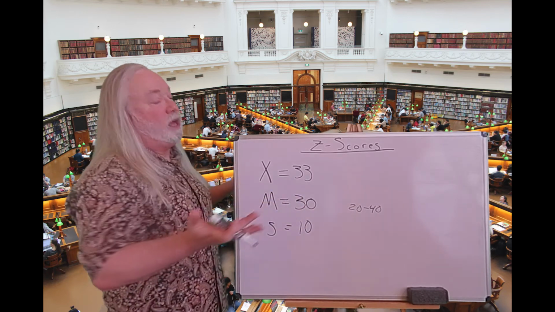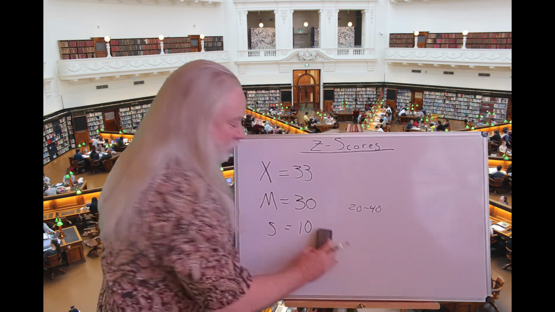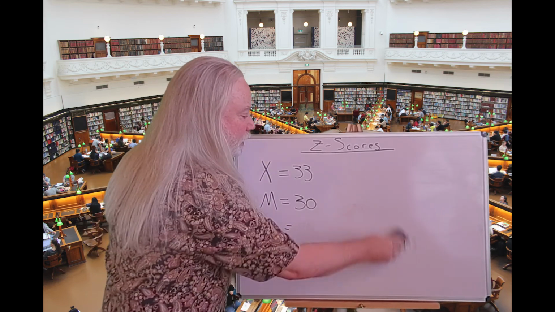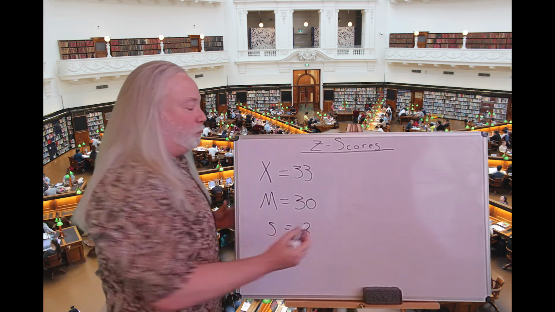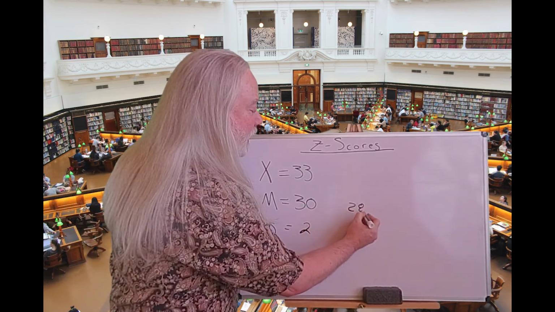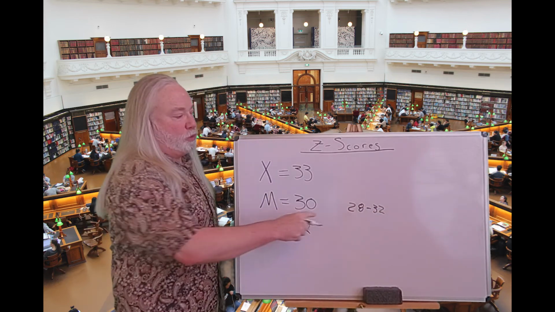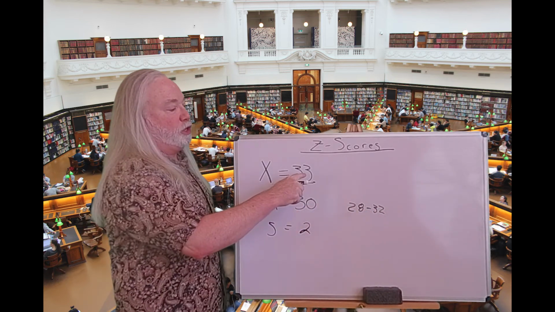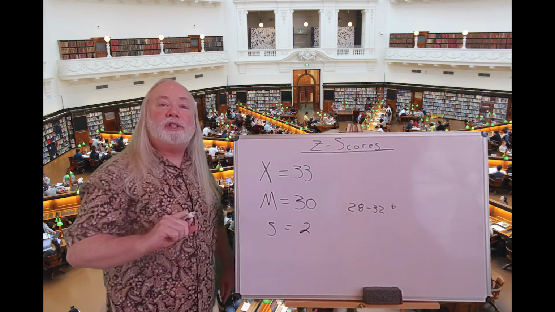So in this case, that's a pretty typical performance. But what if we change the standard deviation to be only 2 points? Well, now we know that 70% of the scores would be somewhere between 28 and 32, 30 down by 2, 30 up by 2. Well, where is the 33 now? That is outside that common range.